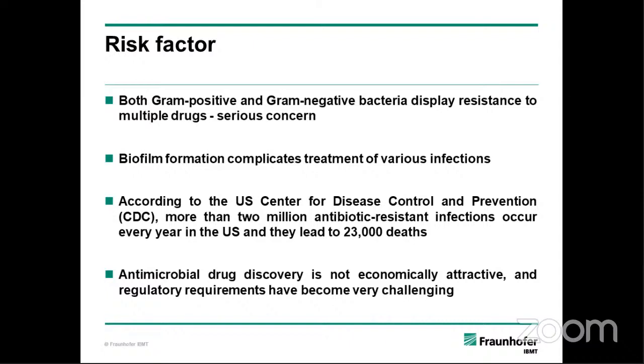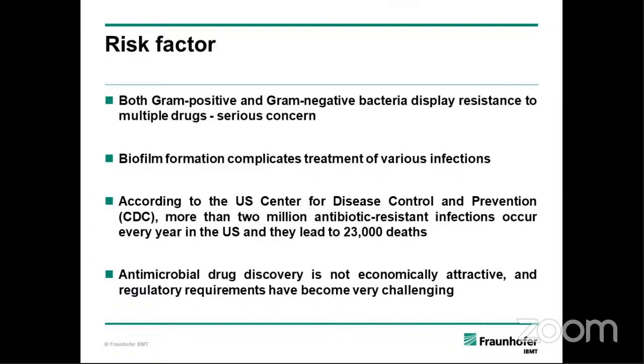According to the U.S. Centers for Disease Control and Prevention (CDC), which is their central body in the U.S., which advises the government about coming concerns in the healthcare area, more than 2 million antibiotic resistant infections occur every year in the US and cause 23,000 deaths, which is very high.